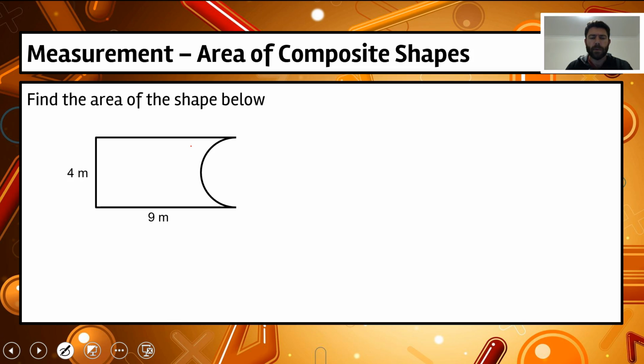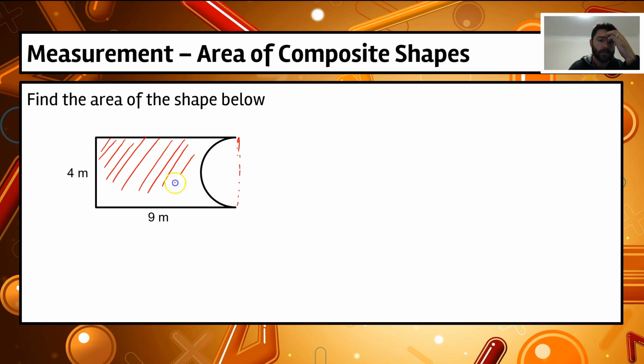All right, the next composite shape we've got here is a strange looking shape. We've drawn the diagram, we can see we've got a couple of shapes, and I can sort of see that we've got a rectangular type of shape and this semicircle. Now for this area, what I would actually do is bring a dotted line just down here, and I'm going to make the total shape, so the shaded area is going to equal the large rectangle minus this semicircle.